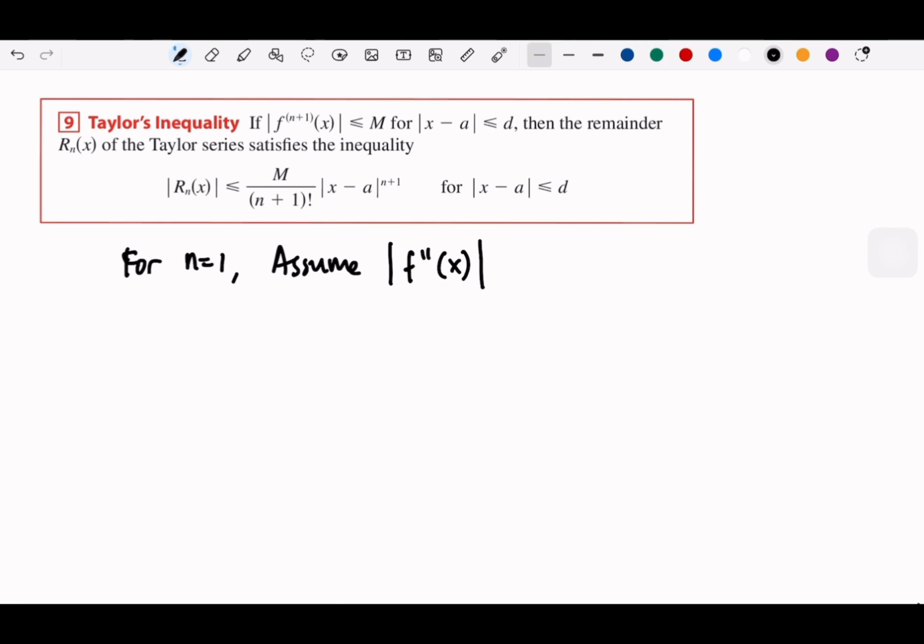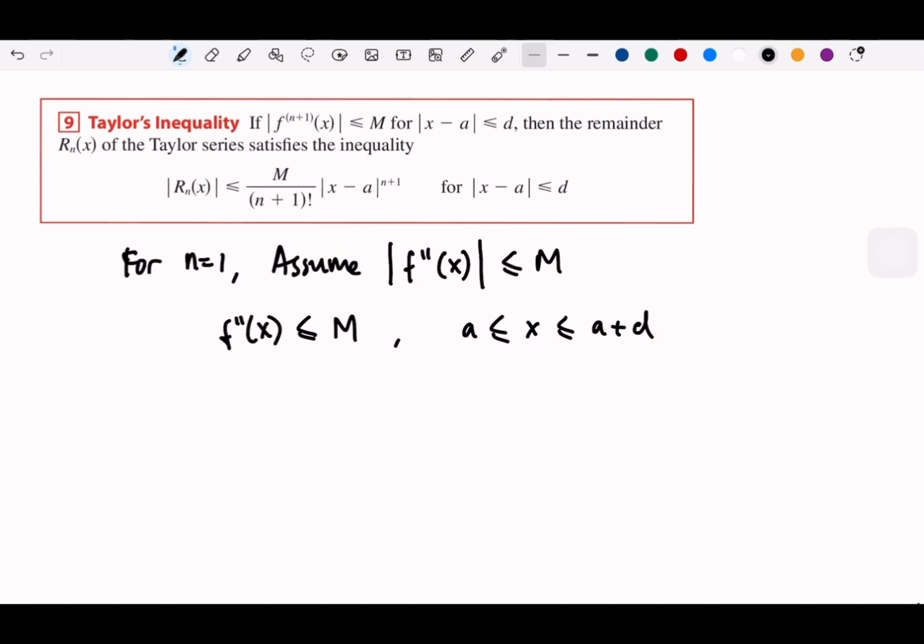Let's say the second derivative is less than or equal to M. In particular, we can write that this will be less than M. The interval will be from a to a plus d.